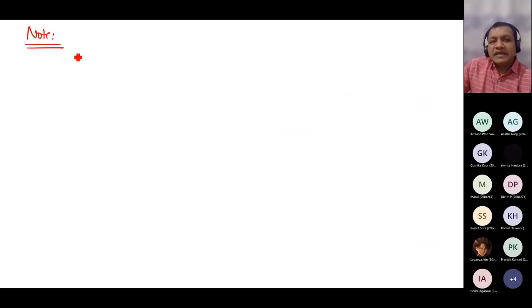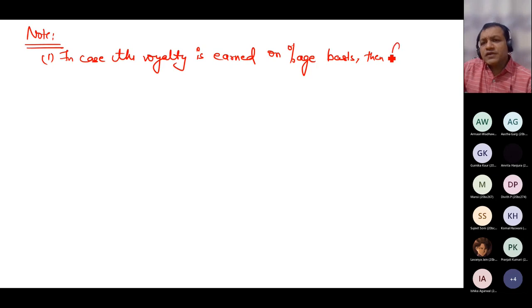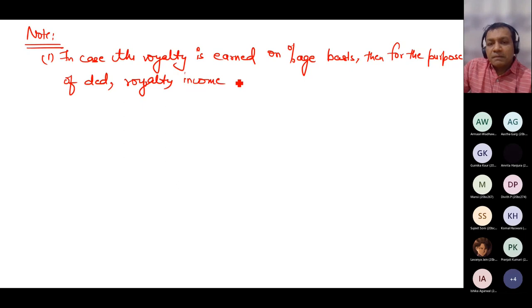One point you should note: in case the royalty is on percentage basis, then for the purpose of deduction, the royalty income beyond 15% is ignored.